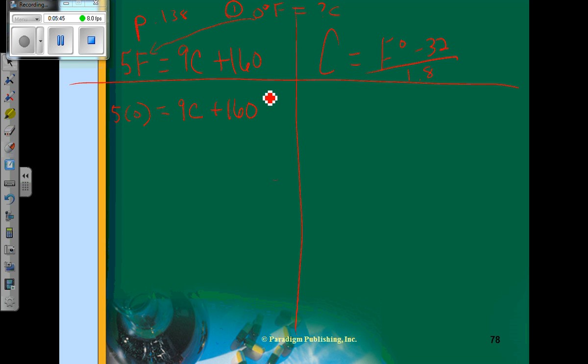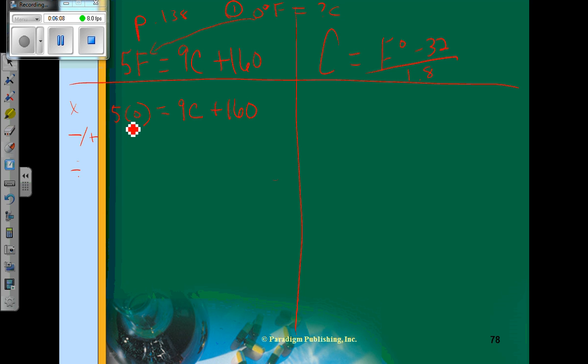With the shortcut, you always multiply first, then subtract or add depending on which one you're doing, and then you divide. You always have to be careful with the negatives though.